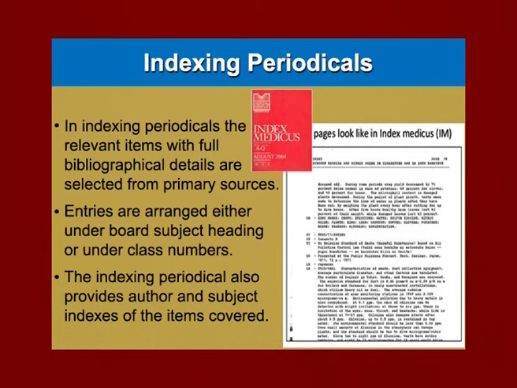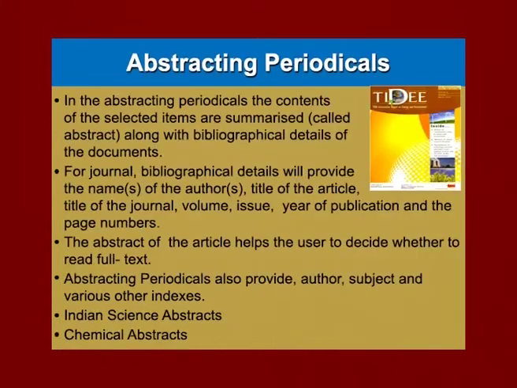In this particular example, you can see that we have given the class number, and under the class number you find the author name, details of the article titles and the sources, and abstracts as well. The indexing periodical also provides author and subject indexes at the end.